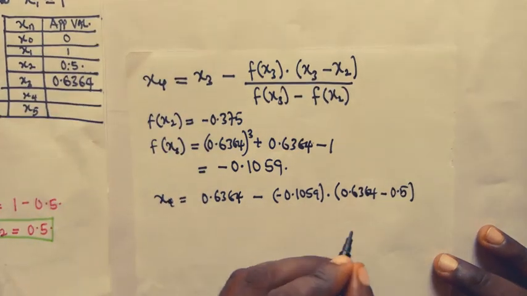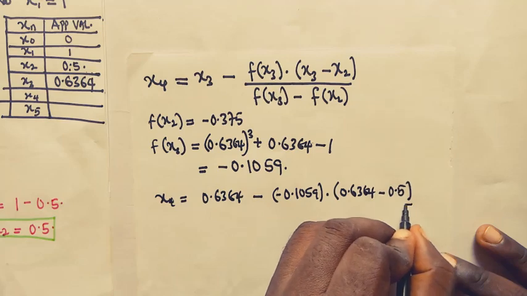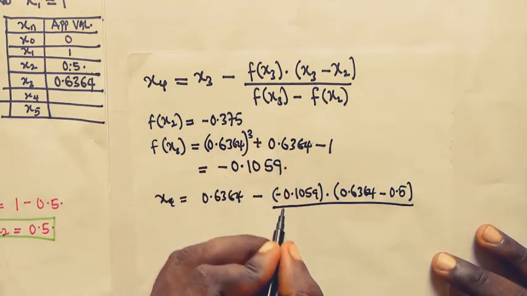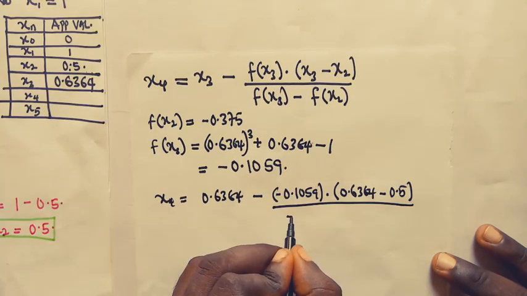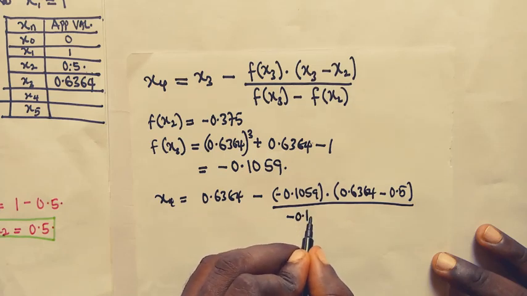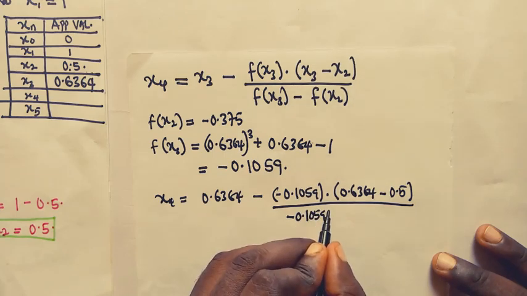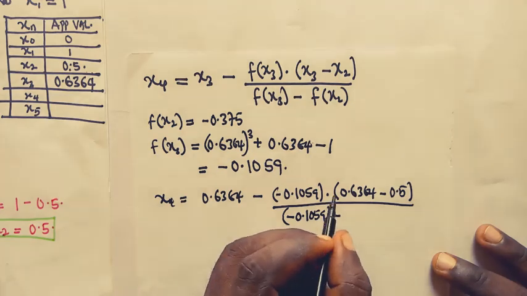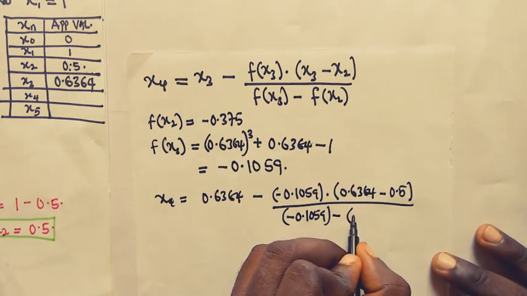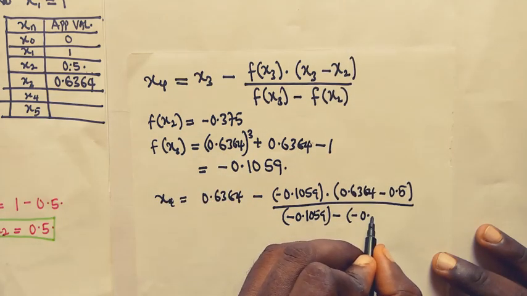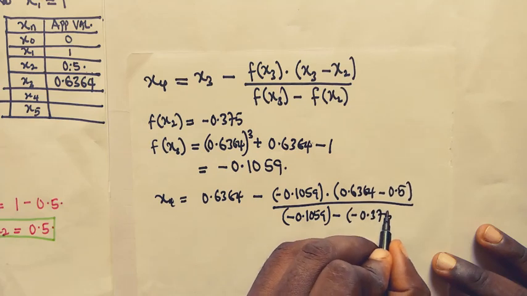Okay, so everything divided by f of x3, which is minus 0.1059, minus f of x2, which is minus 0.375.